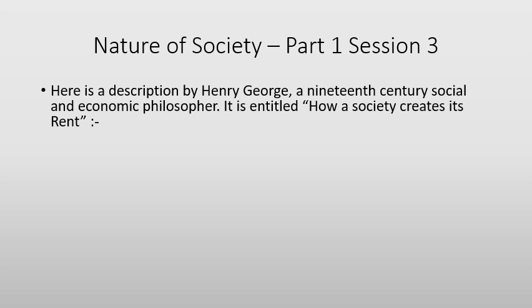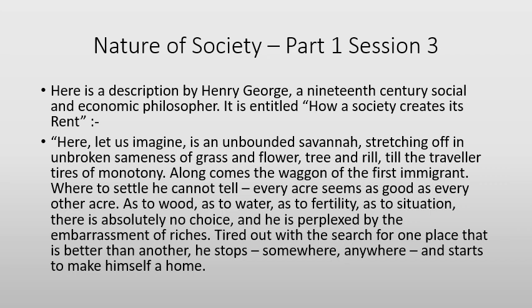Here's a description by Henry George, the 19th century social and economic philosopher. It is entitled, How a Society Creates Its Rent. Let us imagine an unbounded savanna, stretching off in unbroken sameness of grass and flower, tree and rill, till the traveler tires of monotony.